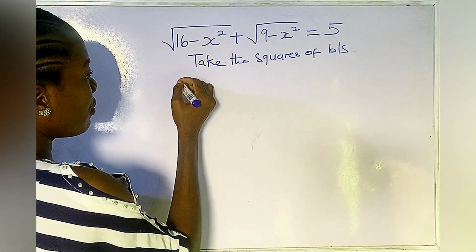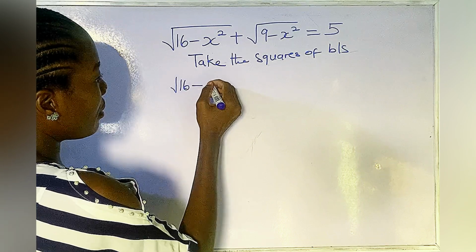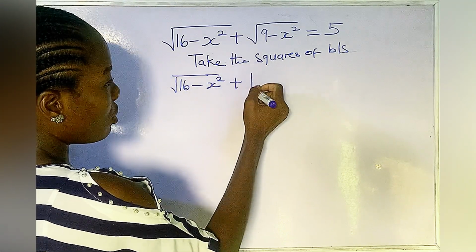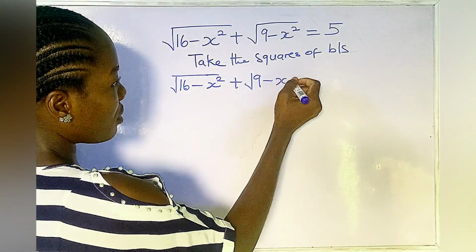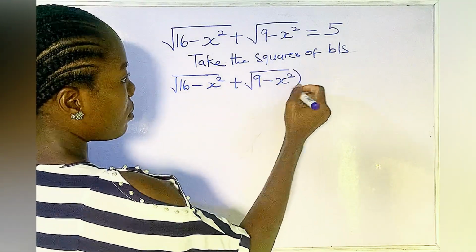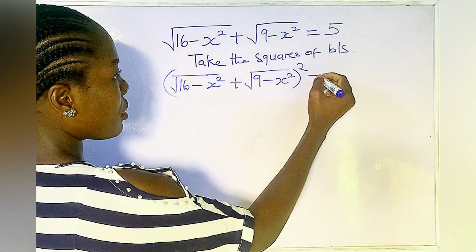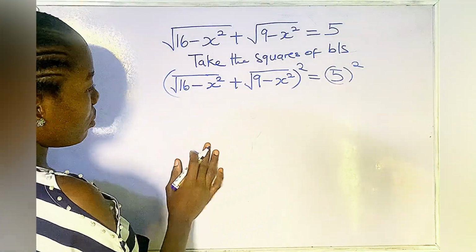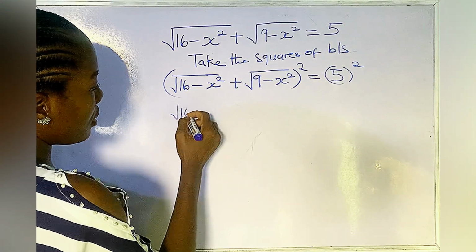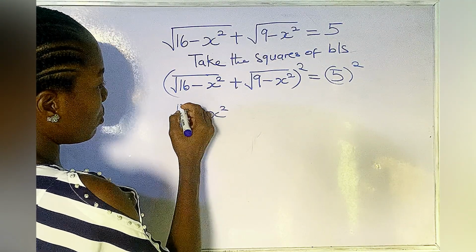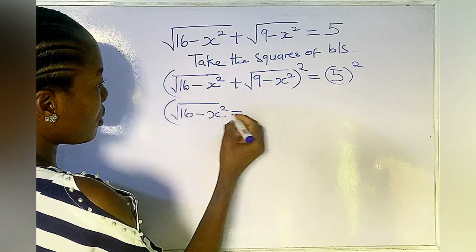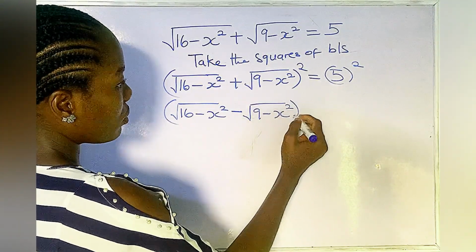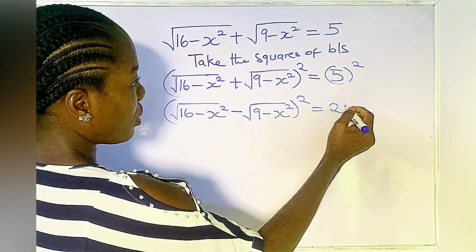So we'll have (root of (16 minus x squared) plus root of (9 minus x squared)) squared is equal to 5 squared, which is 25.